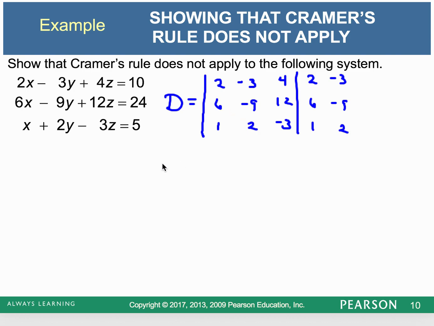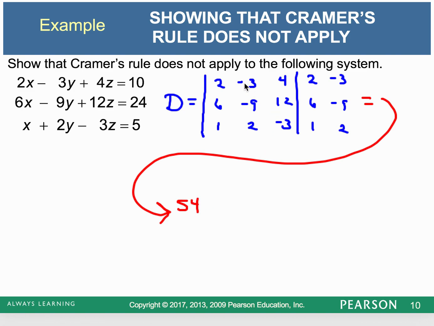Okay, so we have positive 9 times 6 is 54. Minus 36 plus 48. And then it's minus the other direction. So there's 9 times 6 is 54.